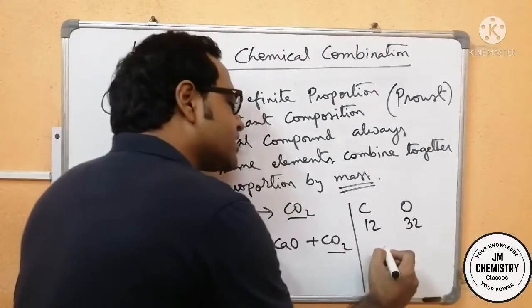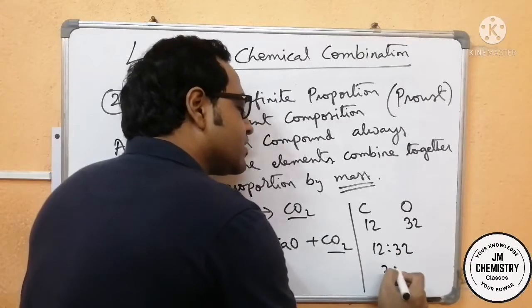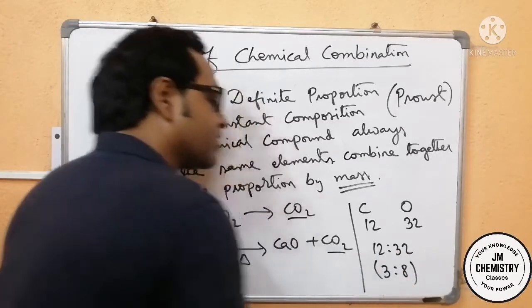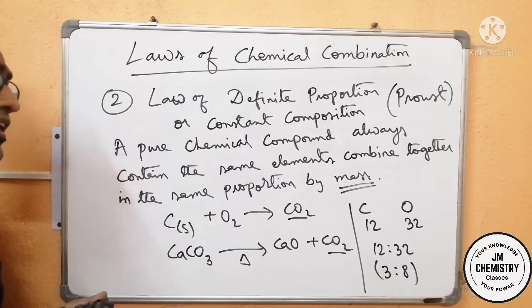So they are in the ratio 12 is to 32, that is 3 is to 8. So from wherever you get carbon dioxide, the composition will be 3 is to 8. The carbon dioxide will contain carbon and oxygen in the same composition.